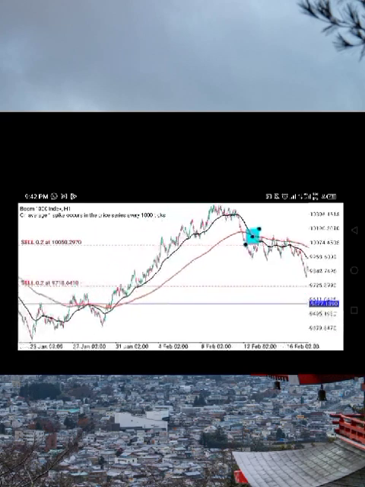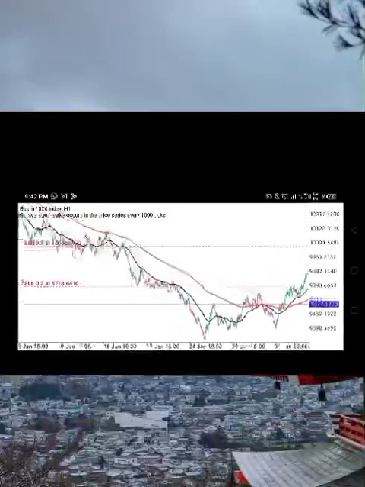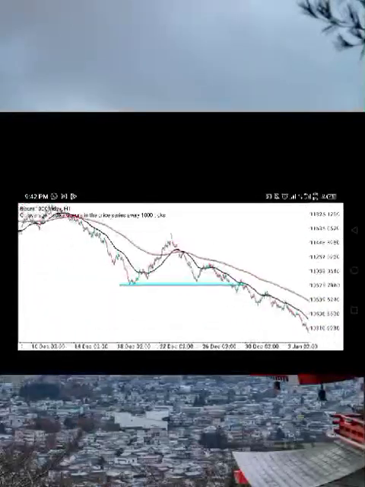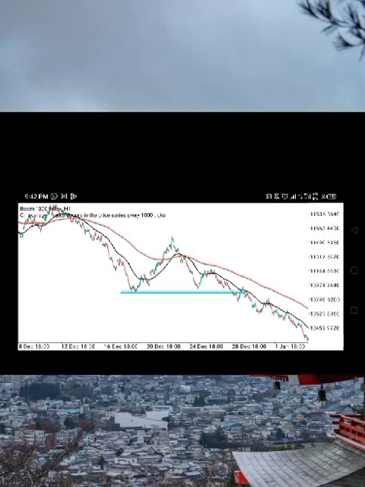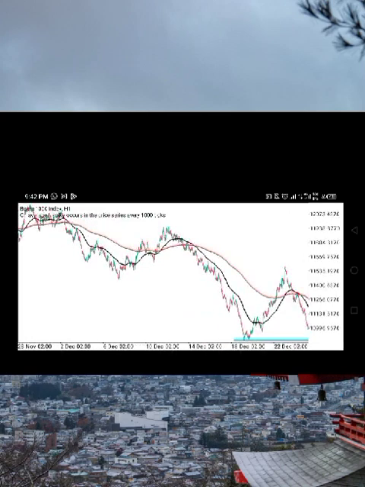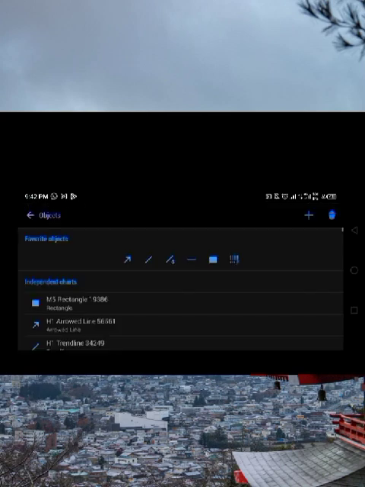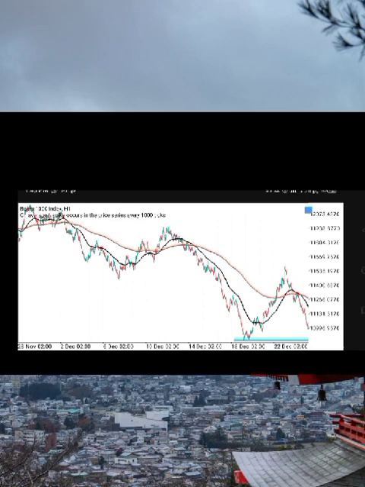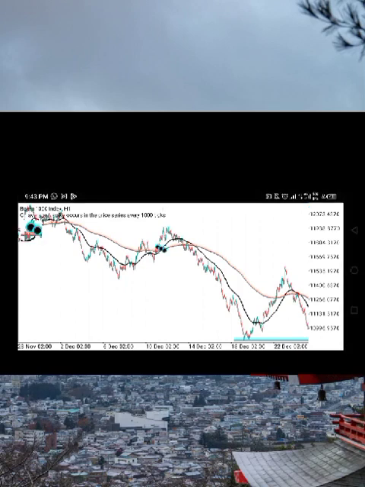For instance, if we go back, you will notice that at a certain point, like this point, at this juncture here, there was a crossover. You see, there was this crossover here, with the 50 crossing over the 200.